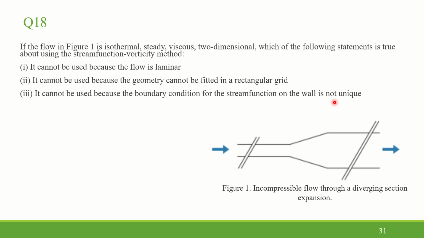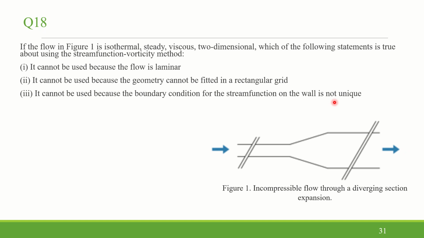So now we are talking about the stream function vorticity approach. And we know how we are replacing variables using stream function and vorticity and getting two equations for the solution of incompressible flow using the Navier-Stokes equation. In the figure, the flow is isothermal, steady, viscous, and two-dimensional.